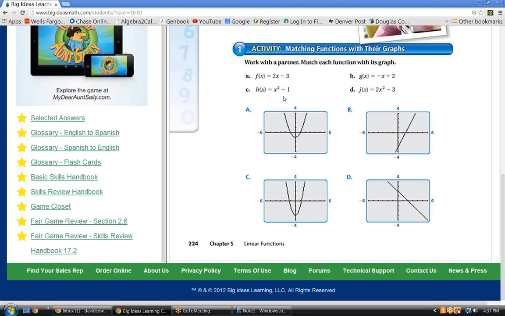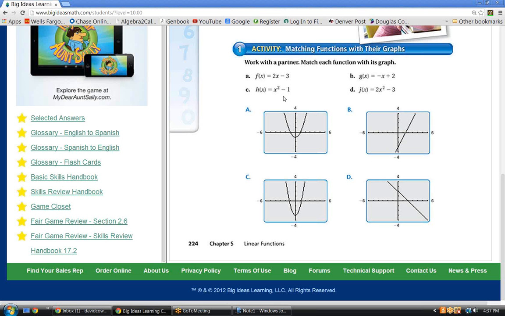So if I look at C, it's called a quadratic because it's an x squared minus 1. Which one is C? Which picture? I'm pretty sure C is C because if you take x squared, it's not going to be as wide. Okay.